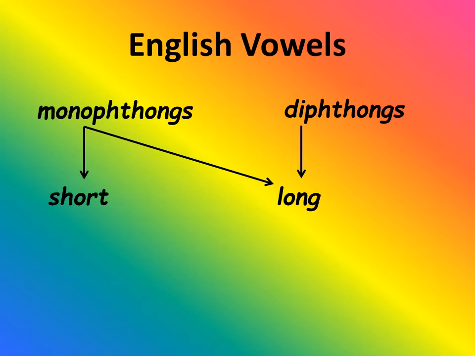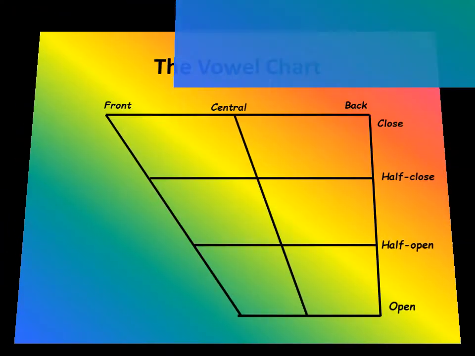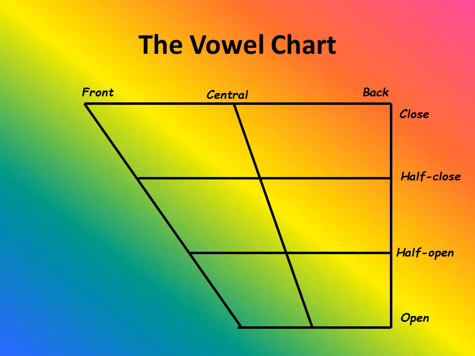English vowels can be described in terms of monophthongs and diphthongs. Monophthongs can be short or long, whereas diphthongs are long vowels. We describe the vowels in terms of the vowel chart, which is a graphical representation of the movement of the tongue within the mouth cavity.